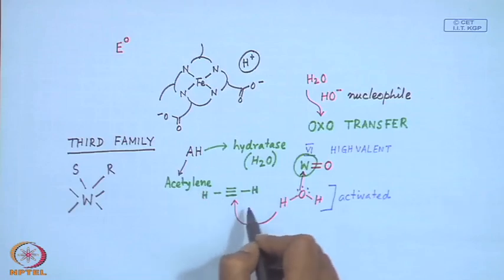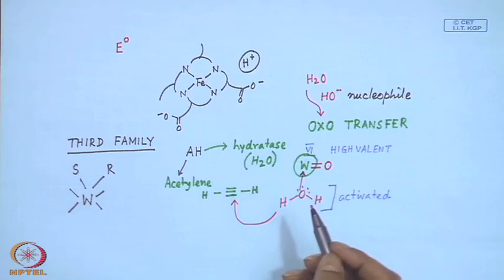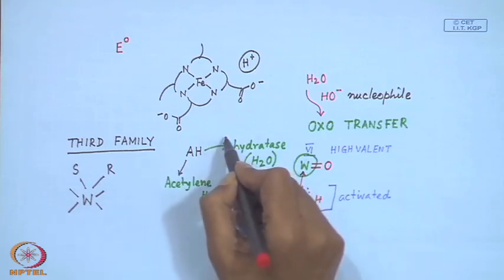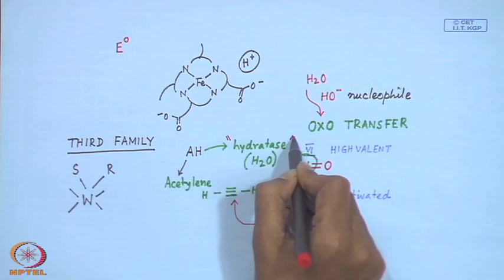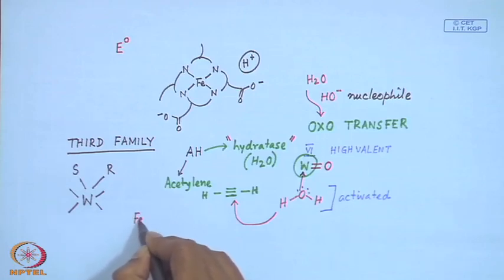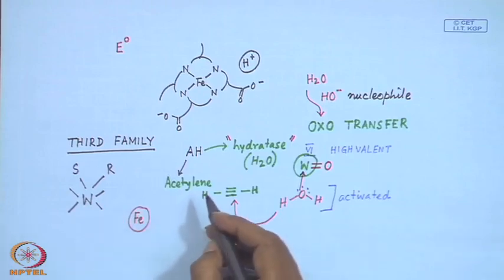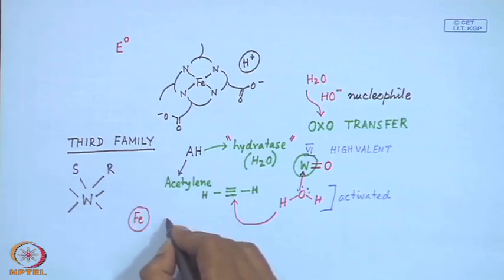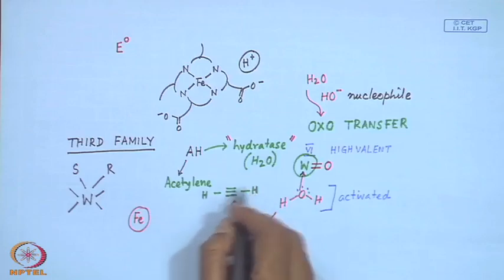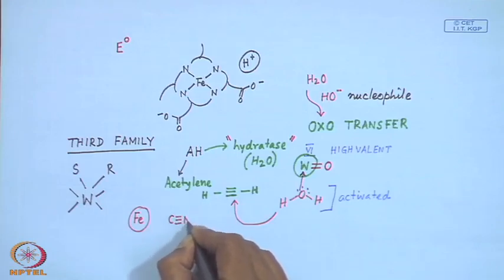And these hydratase reactions are not only effective on acetylene; some other groups of molecules are also known, because the hydratase reaction is a very well known reaction. When we have an iron site, some iron-based enzymes have also been discovered and studied in detail, where the substrate is not acetylene but a nitrile species such as acetonitrile.